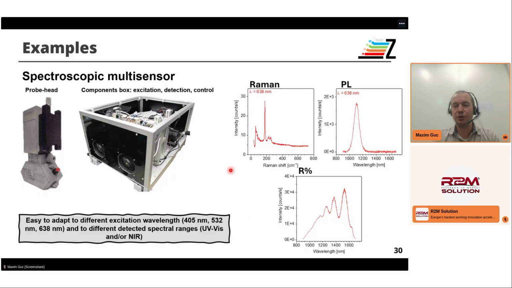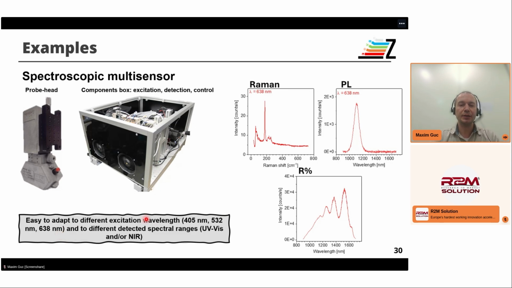And these types of sensors can be adapted depending on the needs of the samples or the production process. So we can change the excitation wavelengths for the Raman spectroscopy in order to excite the correct Raman modes or the correct materials that we need for the production step.